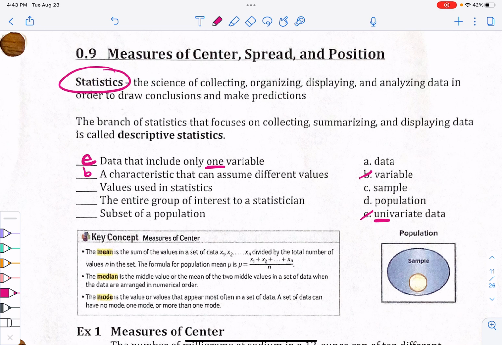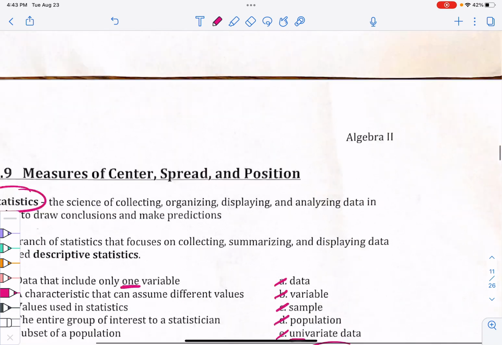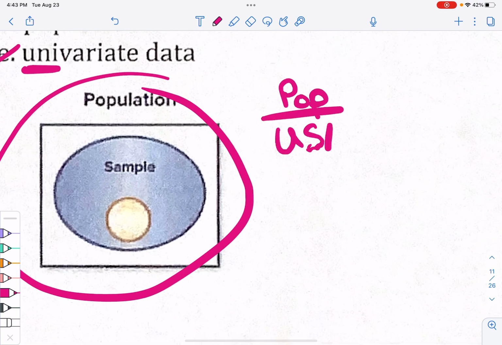The next one is values used in statistics. Those are data, however you like to pronounce it. The entire group of interest to a statistician is called a population. That's D. And then a subset of a population is called a sample, okay? So typically, when we're dealing with population versus sample, let's say our population is everybody in the United States, so USA.